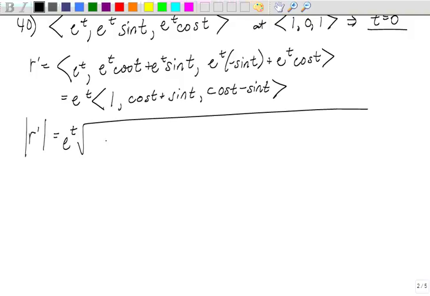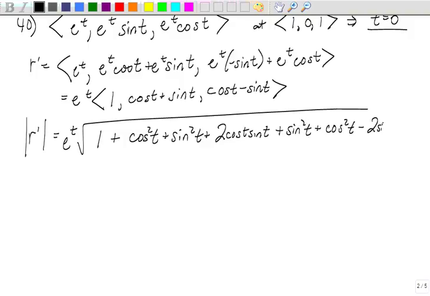And when we square that, we're going to get 1 plus cosine squared plus sine squared plus 2 cosine t sine t. And the next one we're going to get sine squared plus cosine squared minus 2 sine t cosine t. When I square the components, that's 1 and that's 1.